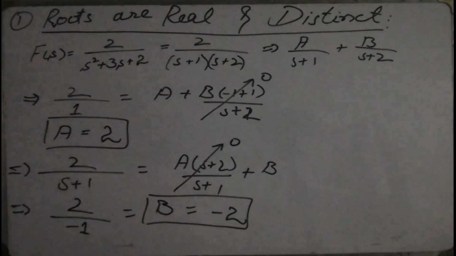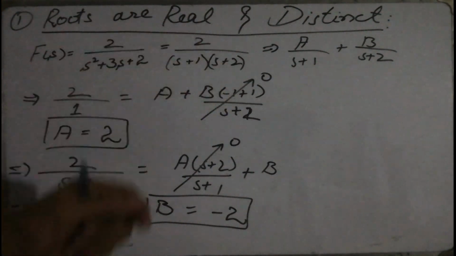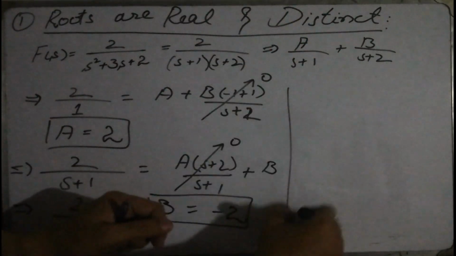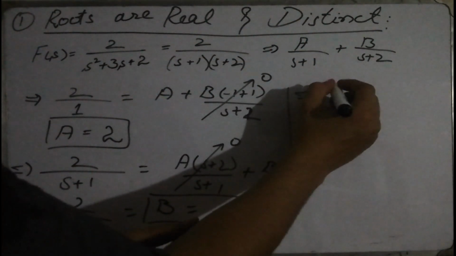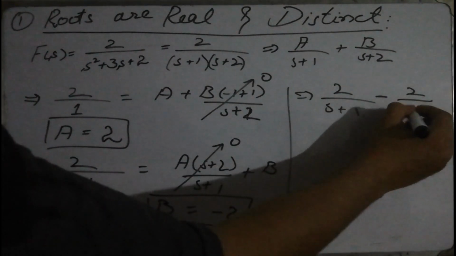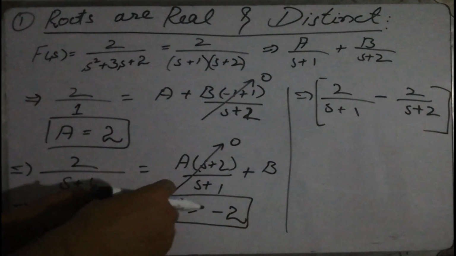So we got both of these constants for the case when the roots are real and distinct, and these would be our final partial fractions.